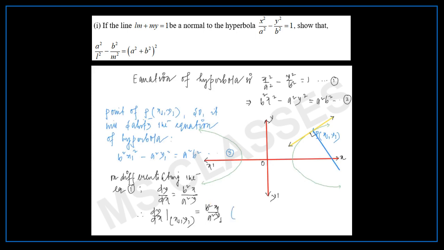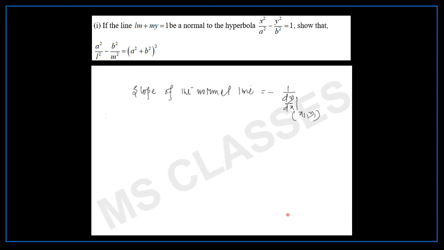Since it is a non-zero finite quantity, we can say the slope of the normal equals minus 1 by d/dx of y at x1, y1. So this gives us minus a square y1 by b square x1.